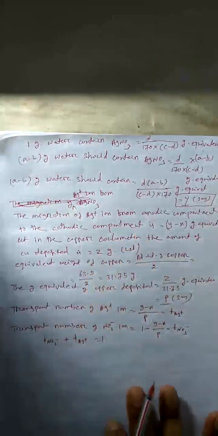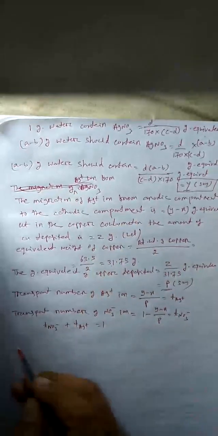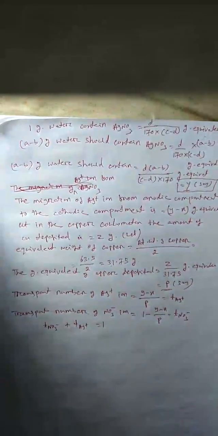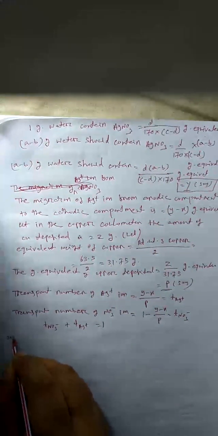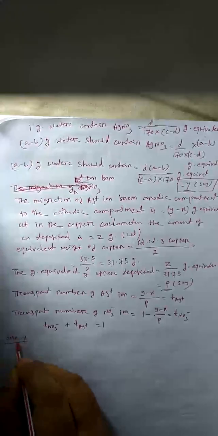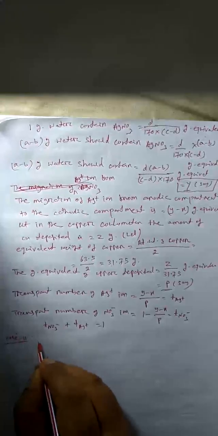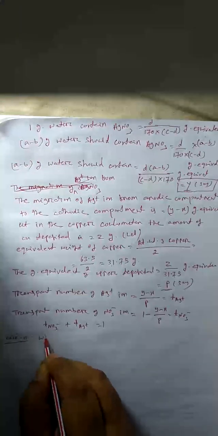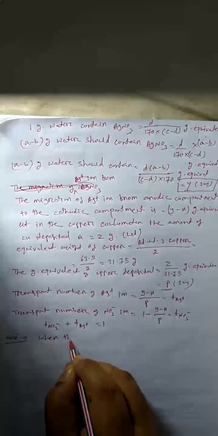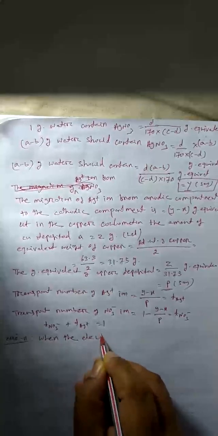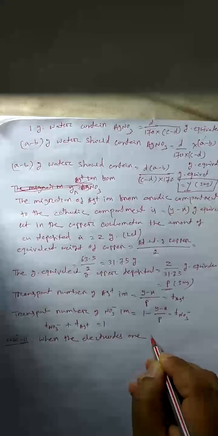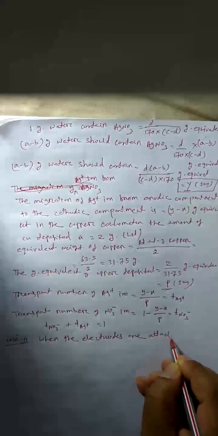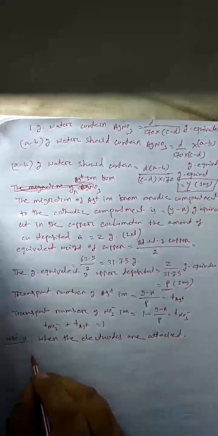Now case 2. When the electrodes are attacked, attacked means here you use a silver electrode.